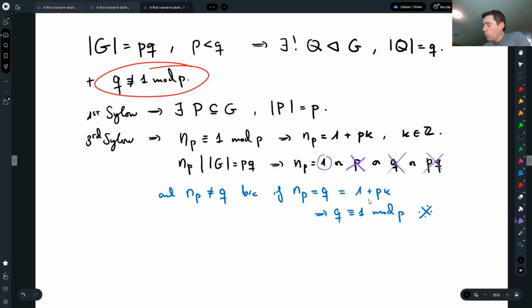So NP is also 1, and therefore there is a unique P Sylow.